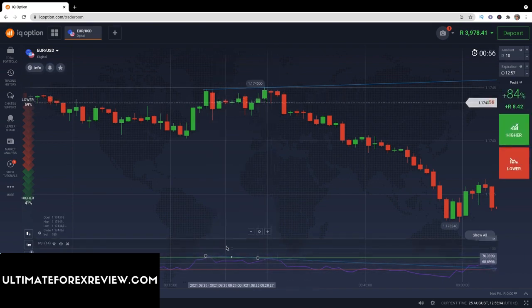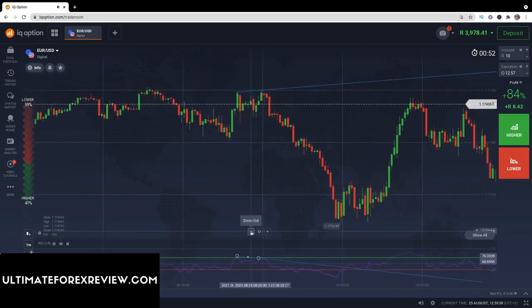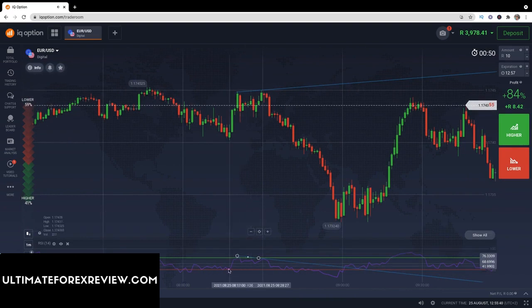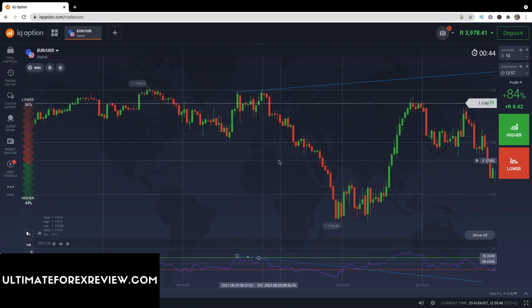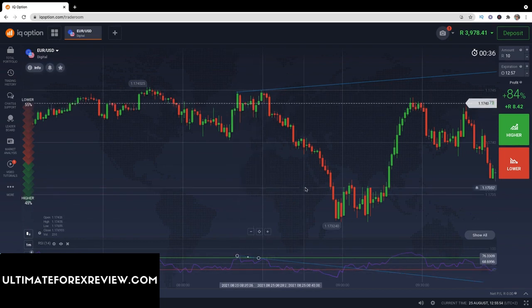This tells us that momentum may be shifting to the downside, and we want to look for sell positions. So when we have divergence on the overbought area of the RSI, we are only looking for sell positions. If we have divergence on the oversold area of the RSI, which we do not in this case, we would be looking for buy positions.